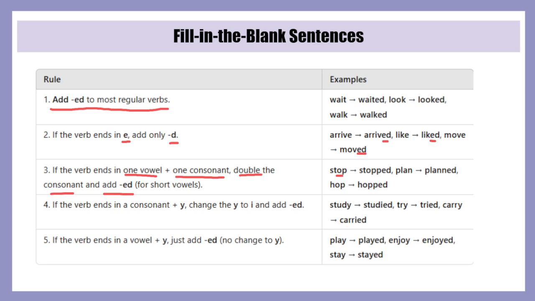So stop, stopped. Plan, planned. Hop, hopped. If the verb ends in a consonant plus y, change the y to i and add ed. Study, studied. Try, tried. Carry, carried.